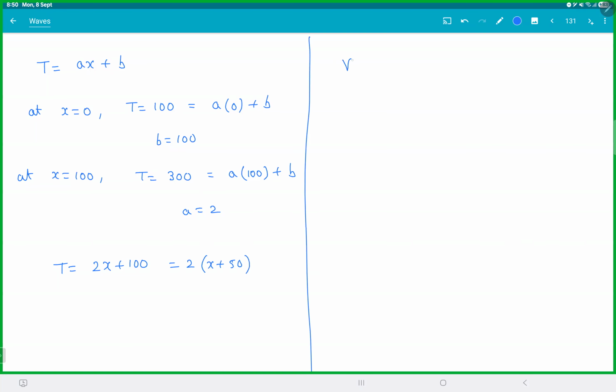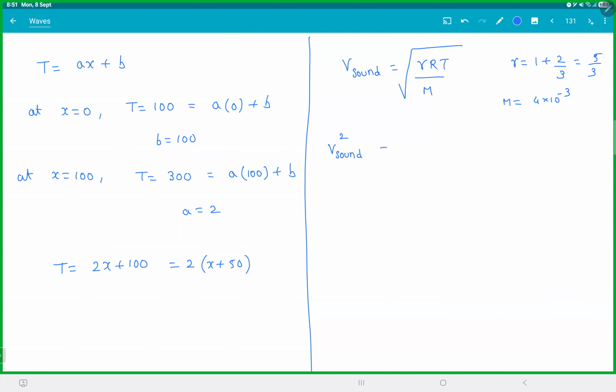Now, if you look at the velocity of sound, this is gamma RT by M. Gamma is 1 plus 2 by 3. M is 4 into 10 power minus 3. Now, when you substitute here, you will see something interesting.